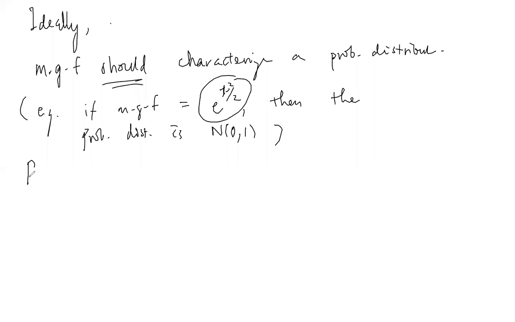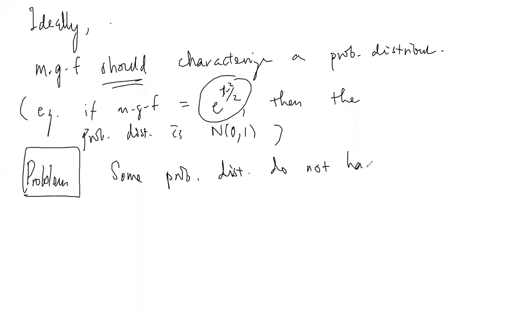But that's a problem. It turns out that some probability distributions do not have a moment generating function. Okay, there are actually some probability distributions that do not have a moment generating function. The classic example is the Cauchy distribution.